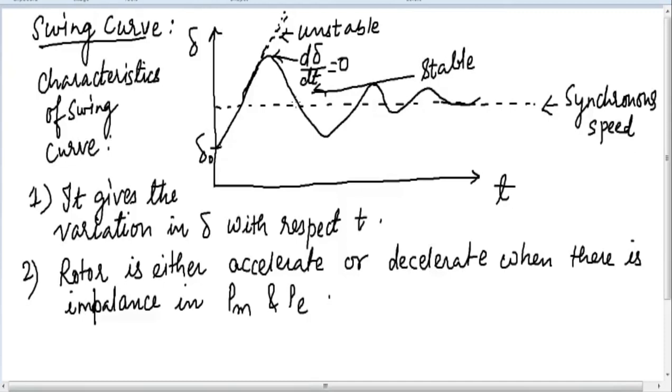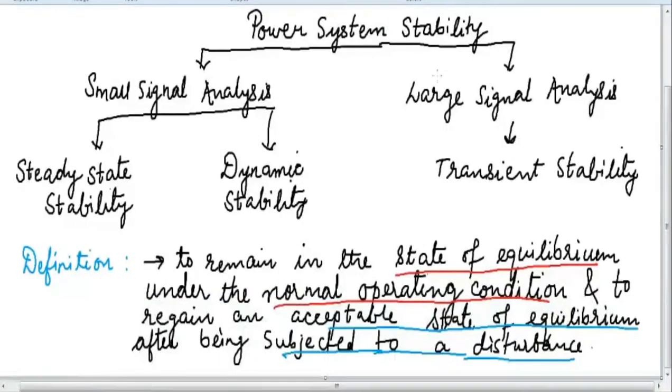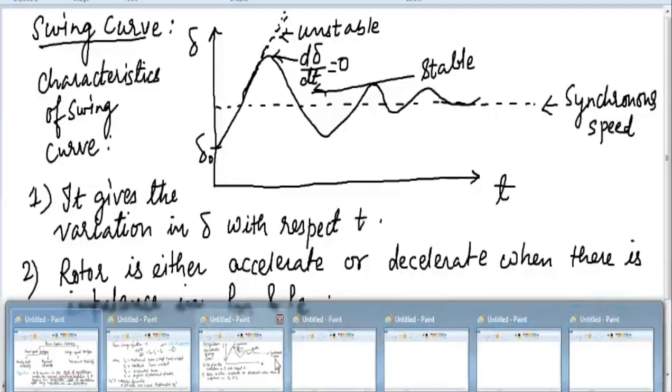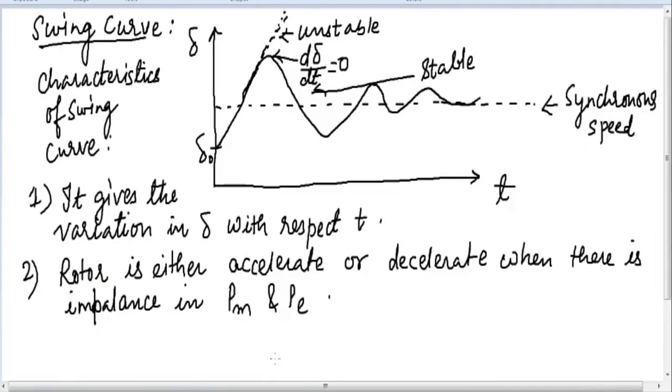Small disturbances are considered in small signal analysis, like in the very first slide we saw the classification of stability. In small signal analysis we have steady state stability and dynamic stability, whereas in large signal analysis, that means large disturbances, we have transient stability. So transient stability applies when we have large disturbances in our system.